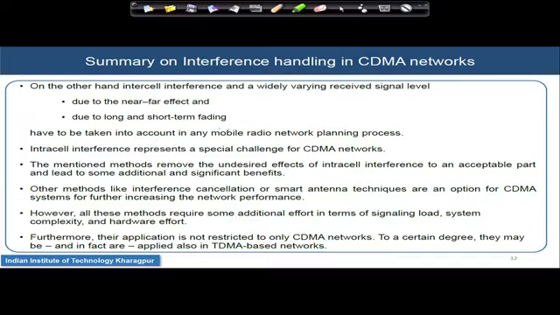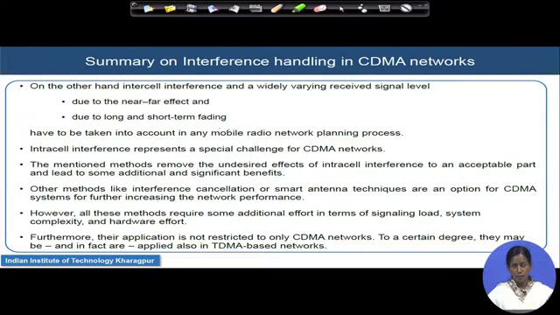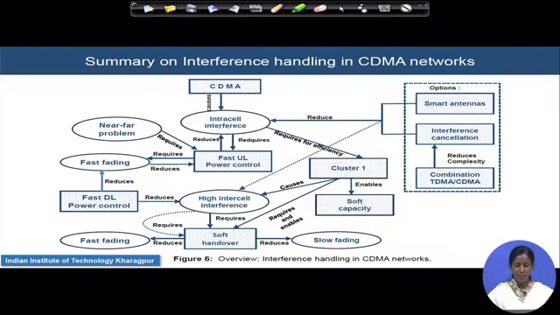There is nothing to say who is better than whom among all the interference cancellation schemes that we have discussed, but in general you are going to handle 2 different kinds of interference, intracell and intercell. You have the near-far problem, and you also have problems from the wireless channel, the fast fading as well as the slow fading.